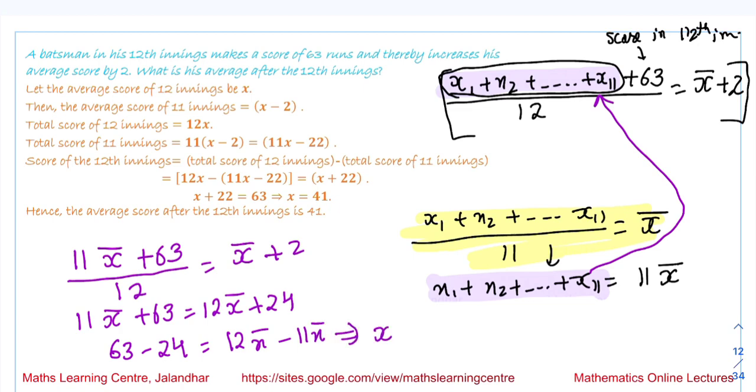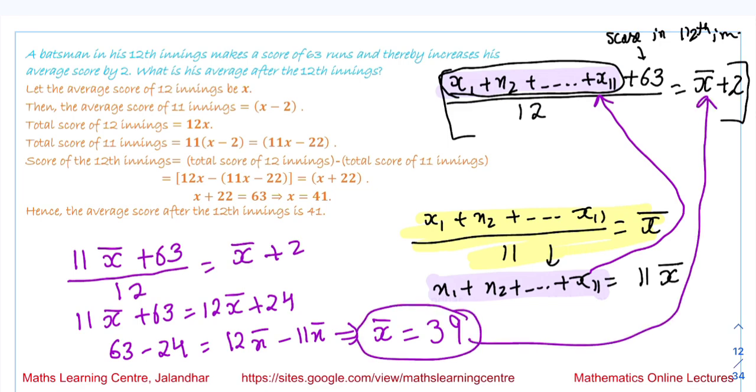So this gives us x bar is equal to 39. So the value of x bar is 39, and the value of x bar plus 2 will be 39 plus 2, that is equal to 41. So the average score after the 12th inning is 41.